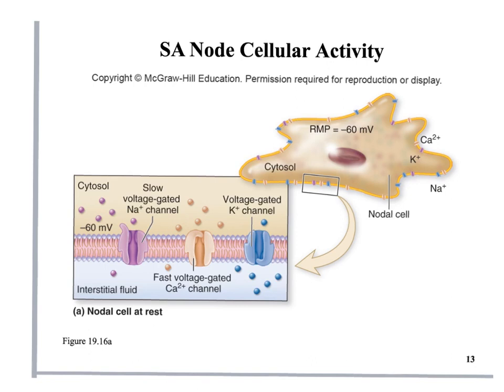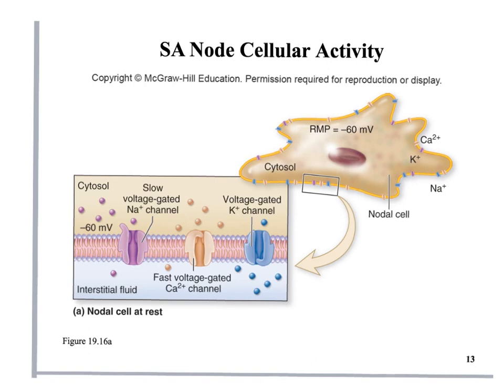What was the number? -70. And what was threshold? -55. What do you notice about the resting membrane potential of these node cells? Emma? It's higher. And what is it closer to? Threshold. So is it easier or harder for these node cells to fire? Easier. Okay? That's important.